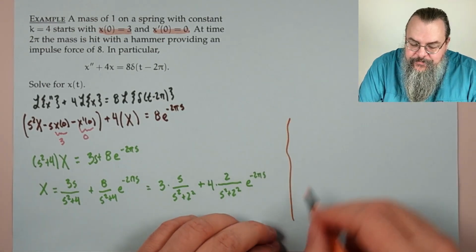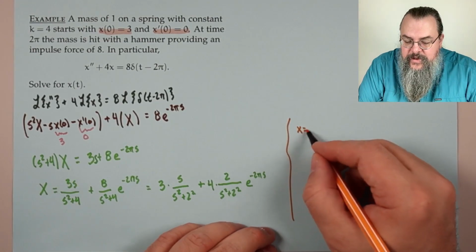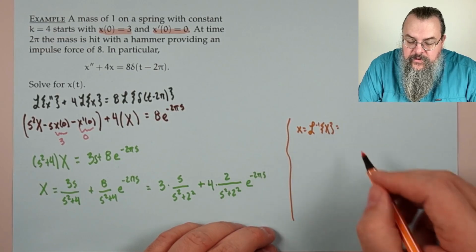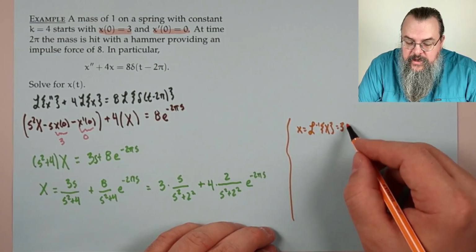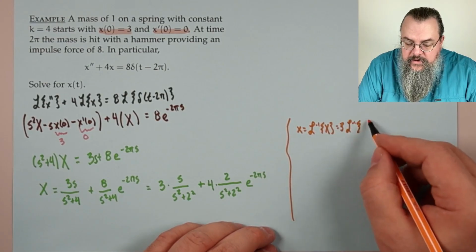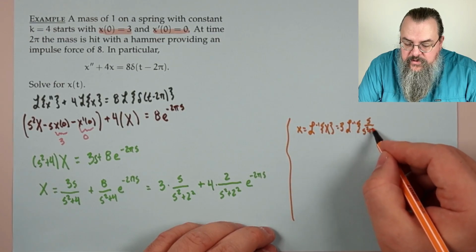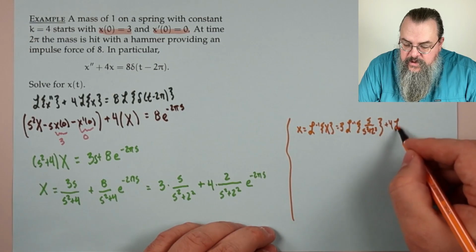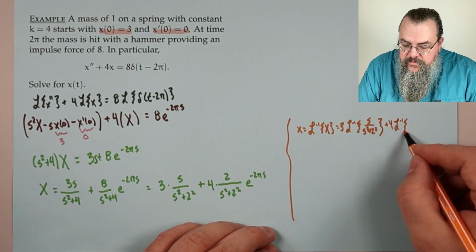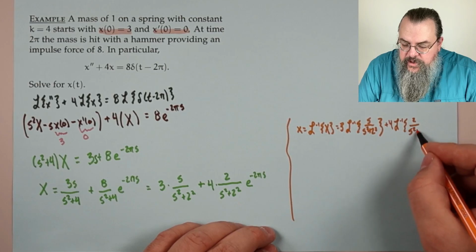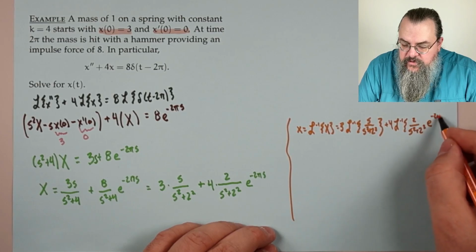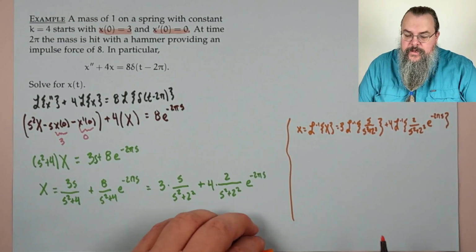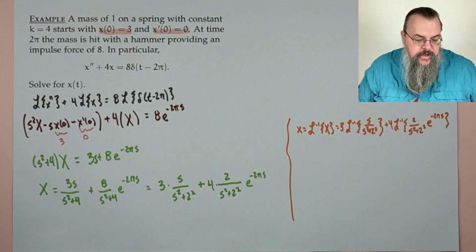All right, so our x, that's the inverse Laplace of capital X. So this would be 3 inverse Laplace of s over s squared plus 2 squared, and then plus 4 inverse Laplace of 2 over s squared plus 2 squared times e to the minus 2 pi s. All right, well, what's going on?